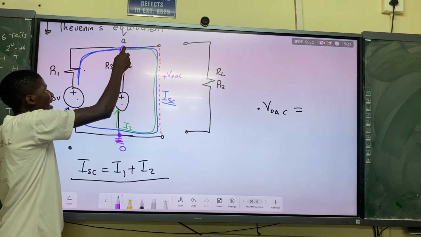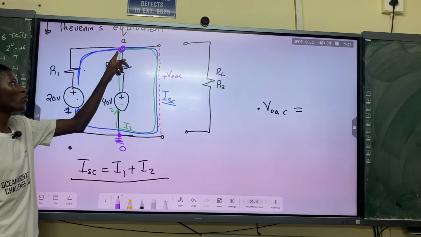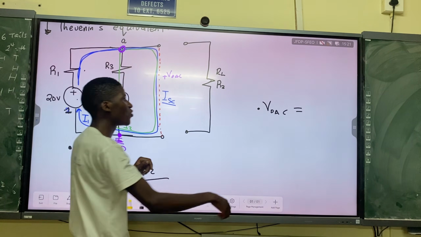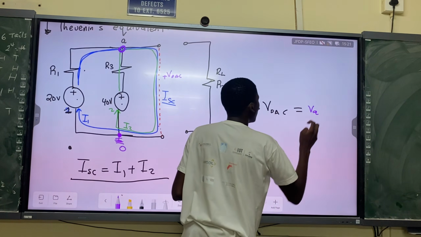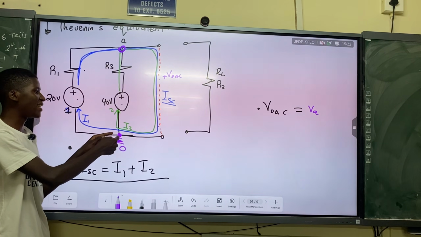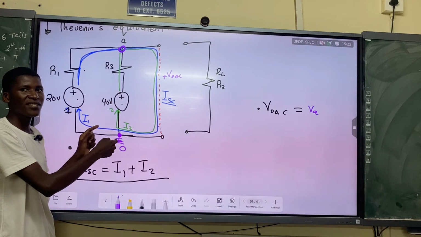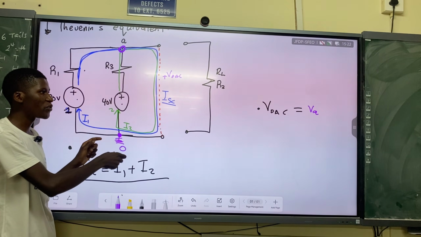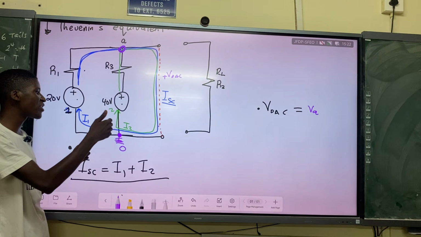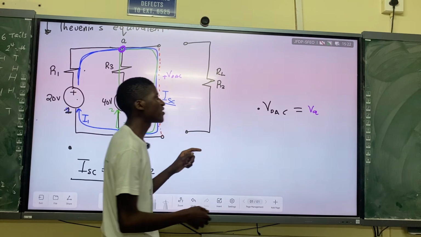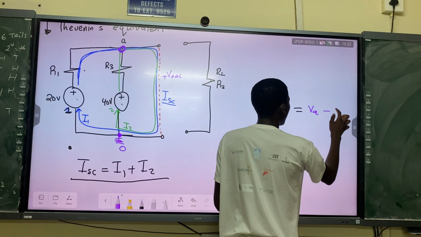So the first node or first terminal has potential VA. So we have got VA. And then when we look at the other node here, what is going to be the potential? It is 0, because we are grounding it. When we are doing a node voltage method, we ground this, right? So this is going to give you 0.